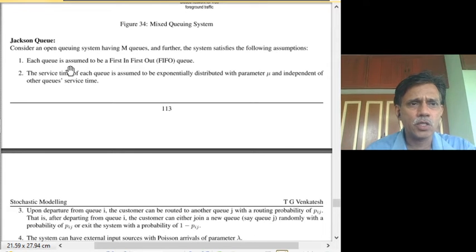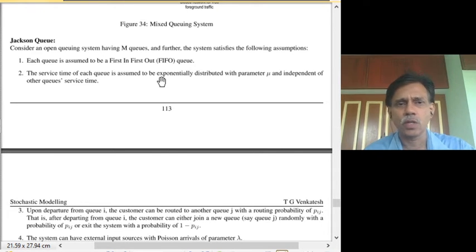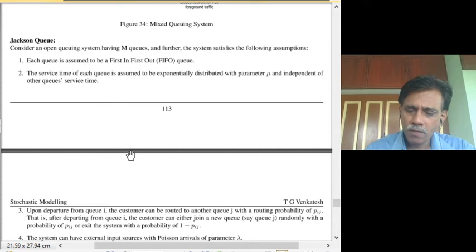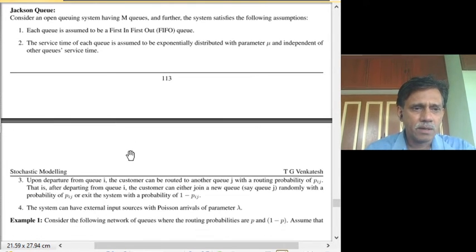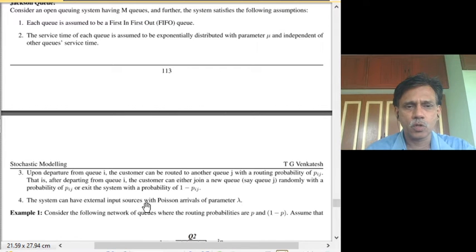We will assume that each queue is an M/M/N queue with the FIFO service discipline. The service time of each queue is assumed to be exponentially distributed with a parameter mu, independent of the service that happens in the other queues. Then there can be external input sources to every queue with a Poisson arrival rate with a parameter lambda.